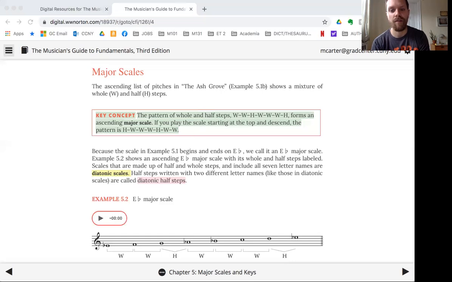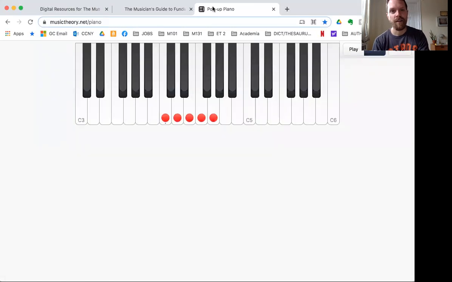I wonder if you can even see this, me doing all this. Whole, whole, and here's our half step, E to F. We can't call this an E sharp, right? We need all 7 letter names to be accounted for in this. Okay, hopefully the last couple minutes on the keyboard you saw. If not, I'm sorry, but it should at least work going forward.